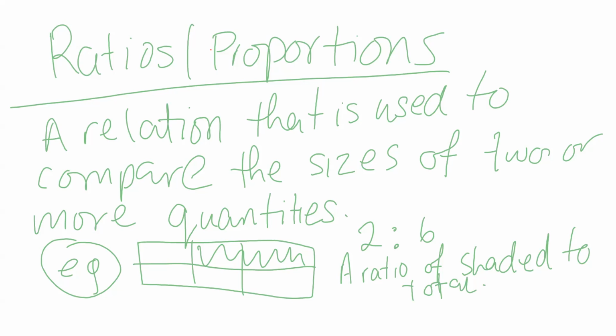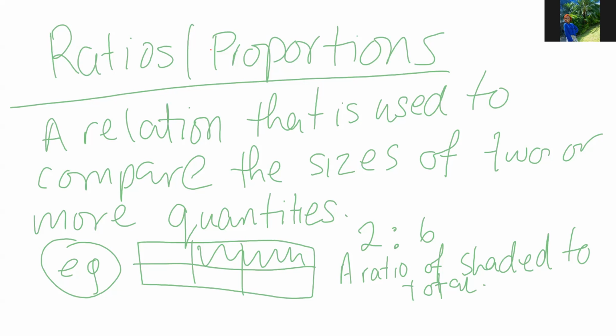All right, so a ratio is a comparison of the sizes of two or more quantities, right? So when we think about a ratio, we think about one particular quantity being broken up and described accordingly.